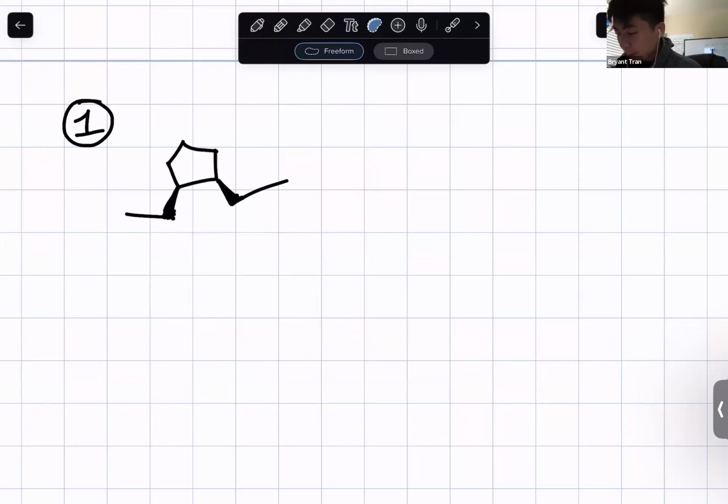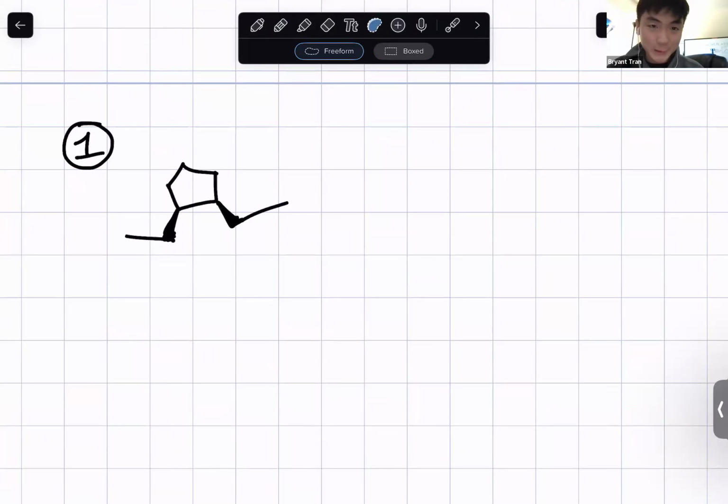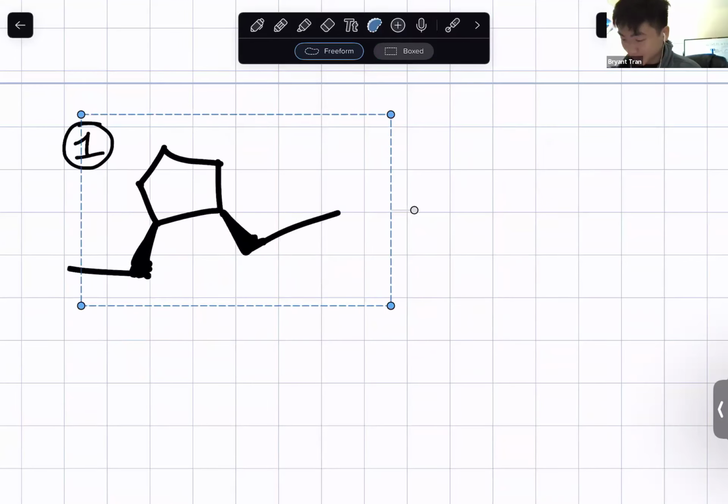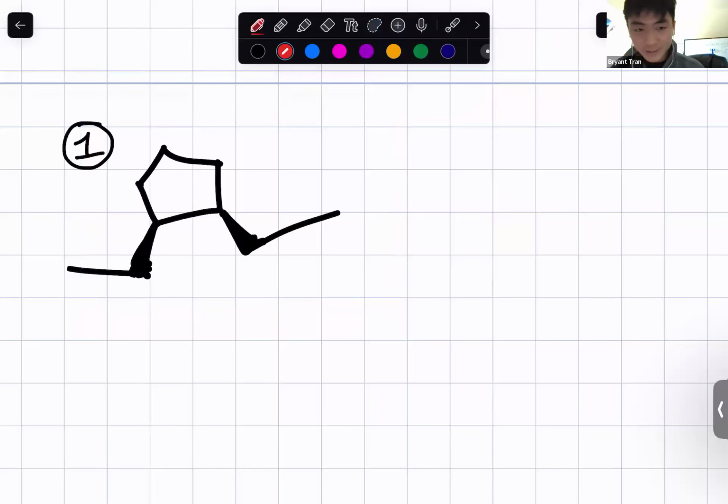Let's start off with this one here. I'm going to ask you multiple questions in this one molecule here. The first one is going to be, how many chiral centers do you see in this molecule? There are two chiral centers. Yes, I think one here and another one here. Correct. Now, what is the R and S configuration for each chiral center?